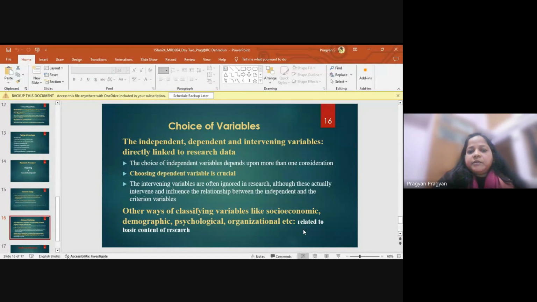So there can be different types of social access that can alter our intervening variables. That is the whole idea behind choosing those variables, number one. And we are supposed to define those variables in those particular terms.